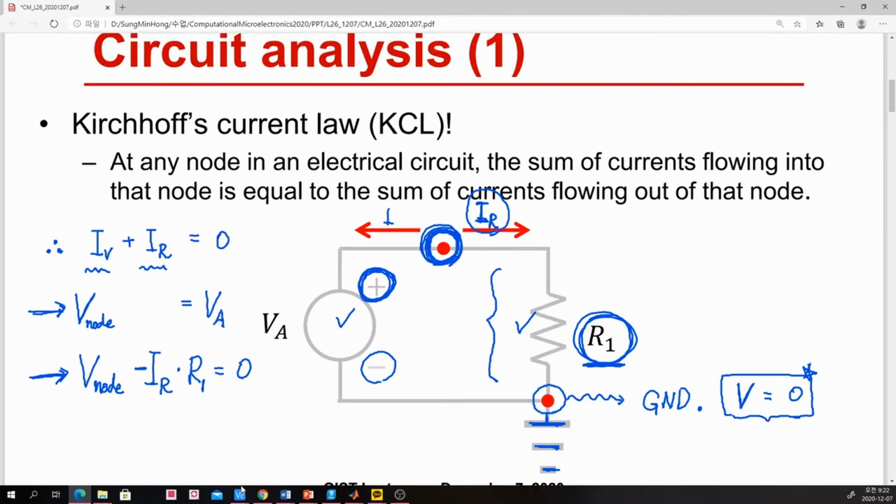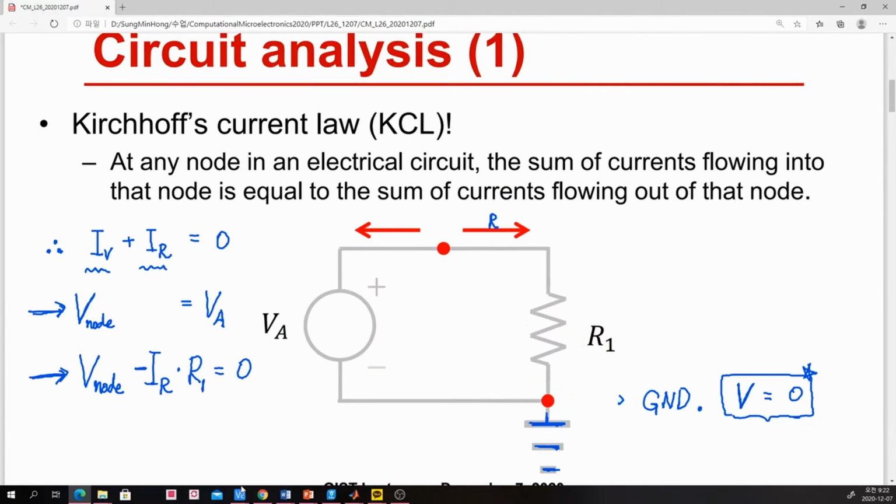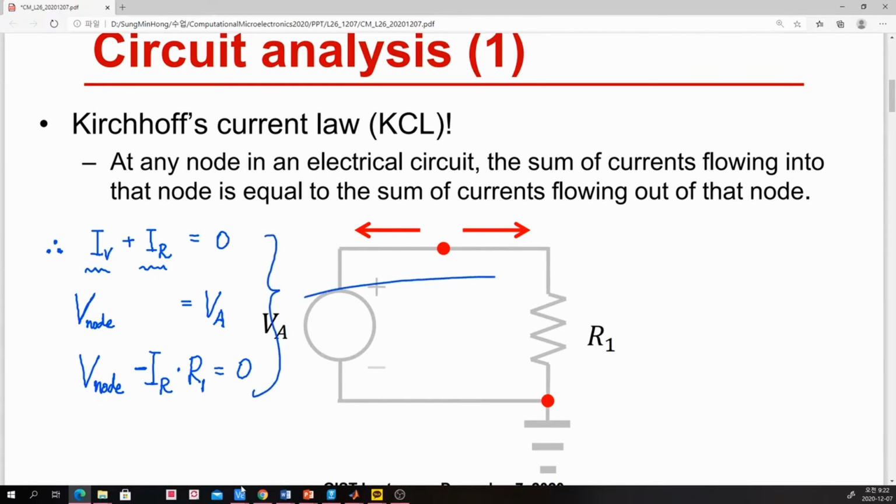So let's say that we have these three equations. Then can you solve our circuit, or analyze our circuit? Yes, we can. After that, we can realize that there are three unknown variables. What are the three unknown variables?